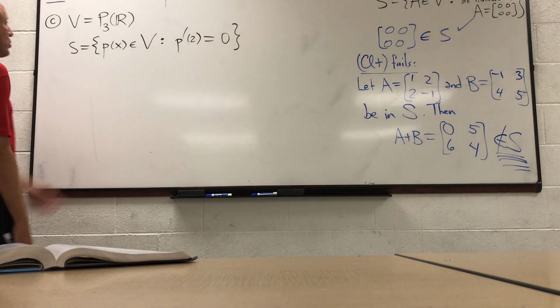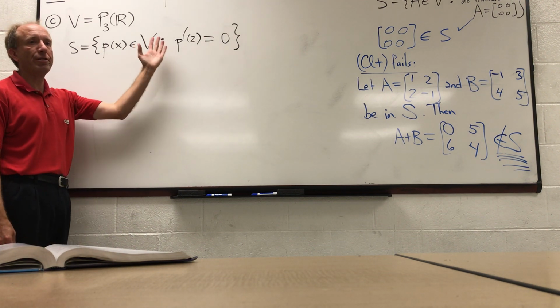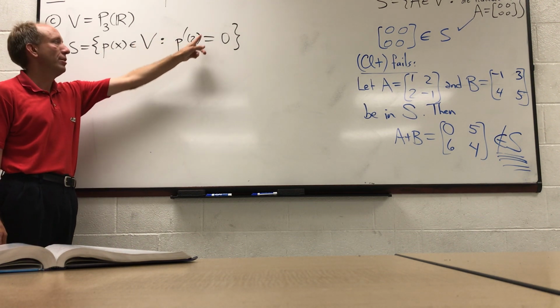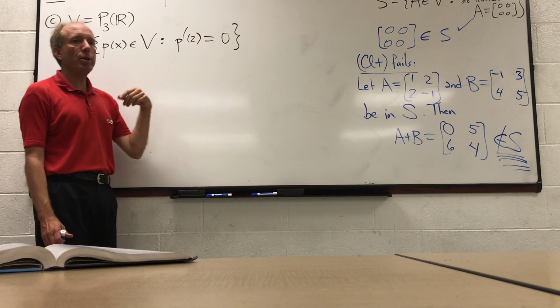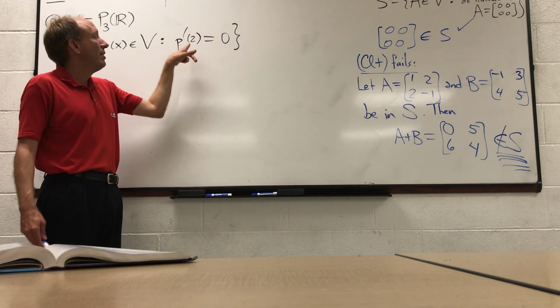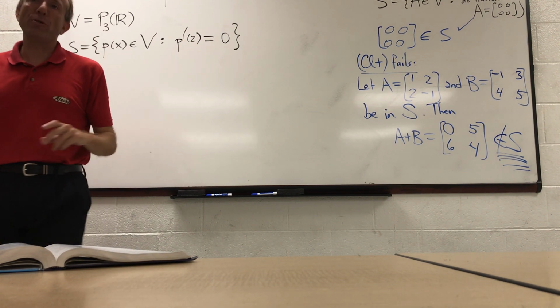So these are just all polynomials whose derivative, when I plug in 2 as an input, is 0. It's all polynomials that are flat at the point x equals 2.